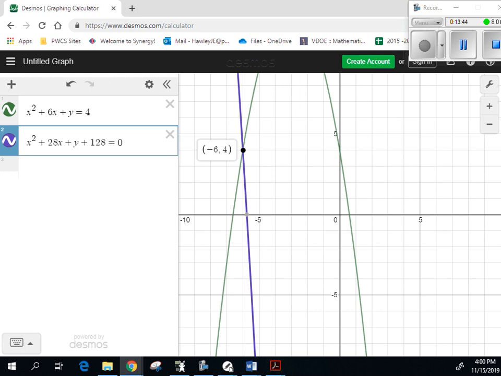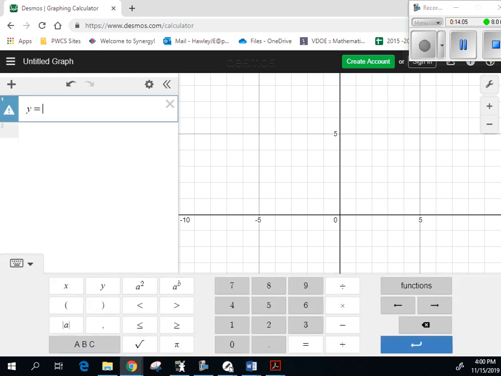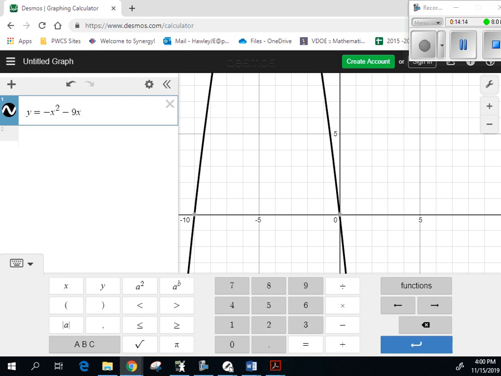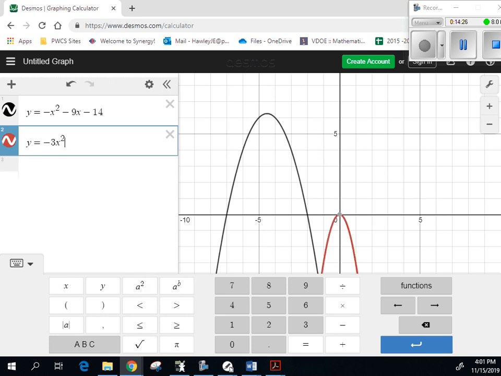Okay. We're going to just do the other two using Desmos just for time. So number 16, you have y is equal to -x squared minus 9x minus 14, and your second equation is y is equal to -3x squared minus 27x minus 30.